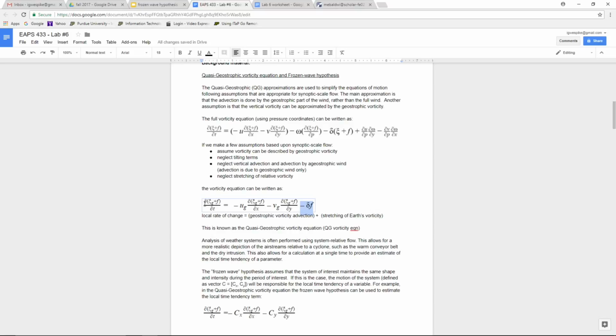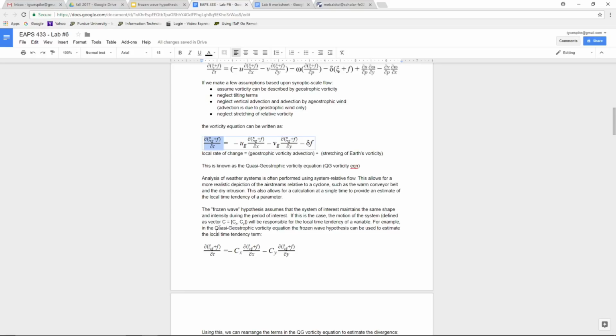And there's a nice, I guess I'll call it a trick, that we can use to estimate this local rate of change that is called the frozen wave hypothesis.